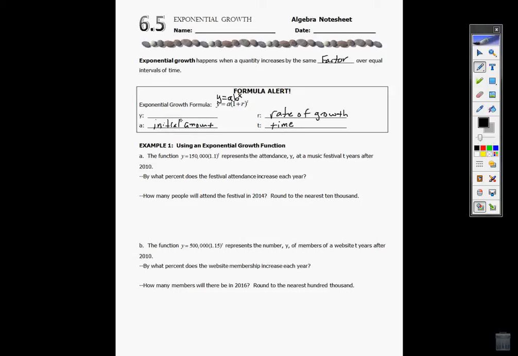And y is going to be our final amount, what we're going to get out of this. We put in an initial amount, give it some sort of rate to grow, and a certain amount of time to grow, and what we get out as our output will be a final amount.